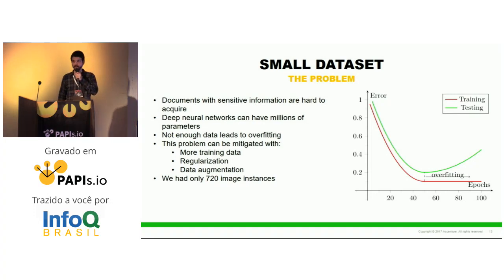That leads to overfitting. So you have some ways to address this problem. That is more training data. That's not our case. And regularization, it's a usual technique to try to solve the problem of overfitting, and data augmentation. That's what we did.